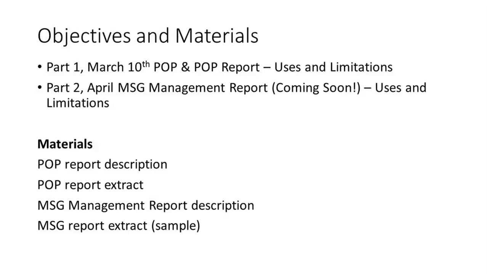This is part one, and part two will be in April. In April, just to give you a heads up, we're going to have a new report in Teams that's going to be super awesome, and I've been promoting it like crazy to administrators in the field. It's going to be a measurable skills gain report, and it's basically going to take the place of the participant roster.